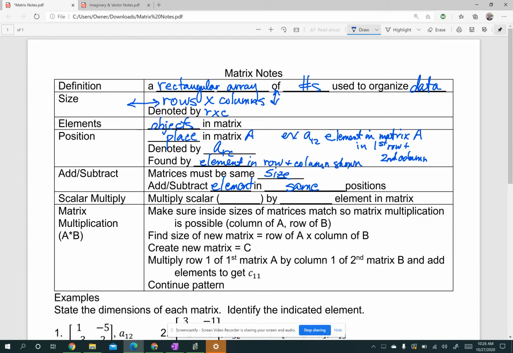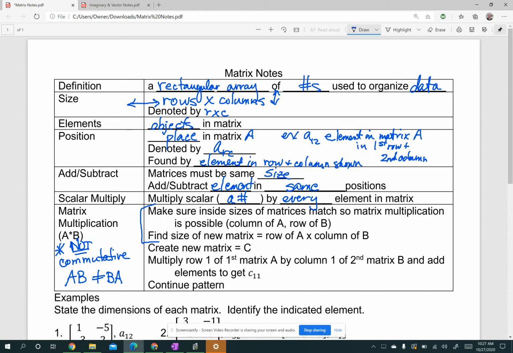Scalar multiply basically means to multiply a scalar or a number by every element in the matrix. Matrix multiplication, some things you need to know: it is not commutative. And what that means is AB is not equal to BA. Okay.